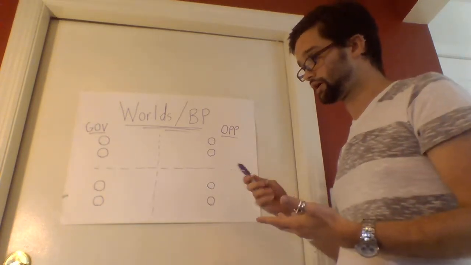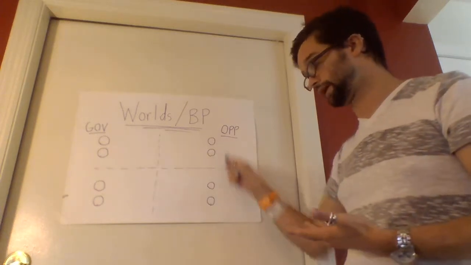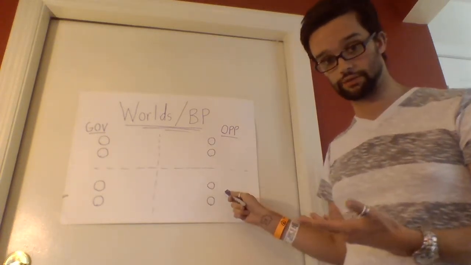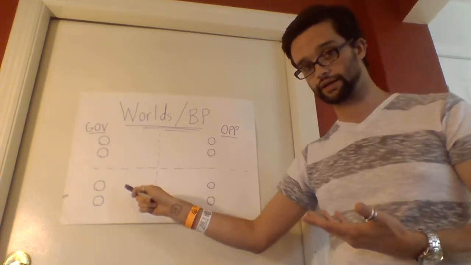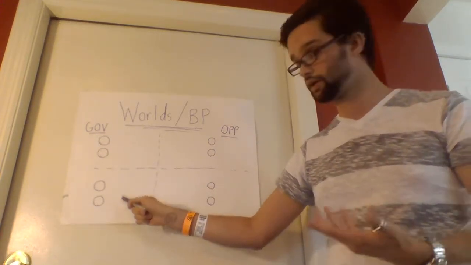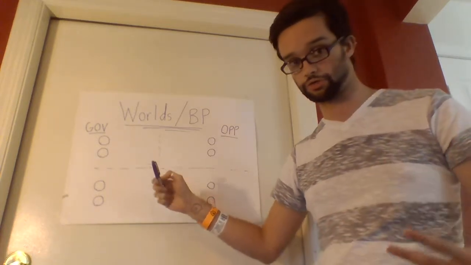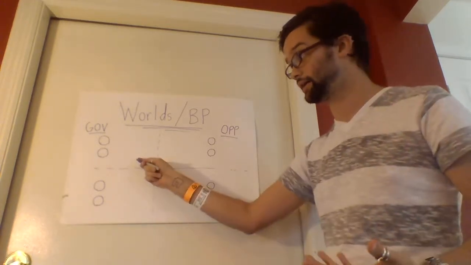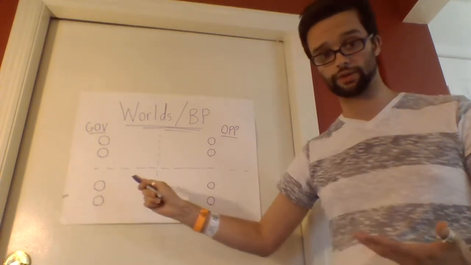So if you are on this government team, you are competing against the 2 opposition teams to convince the judge that you're right. But you're also competing against your other government team. You're trying to basically give more to the debate, to sort of be the better team on your side, so you can beat out not only these 2 teams, but the other team on your side.